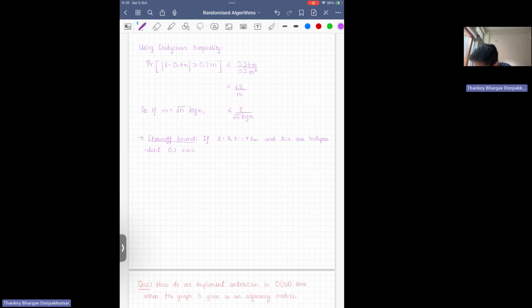So Chernoff bound only works if x is a sum of xi's and each and every xi is an independent 0 1 random variable, which happens to be the case over here.